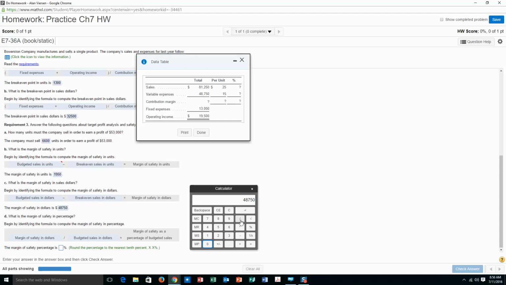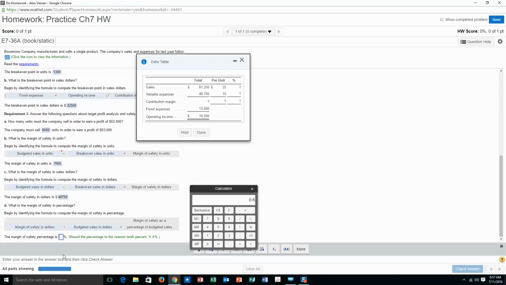We're going to divide that by the actual total sales from the original data, which is 81,250. And it means that our margin of safety is 60%.